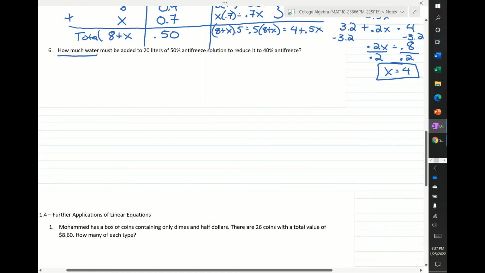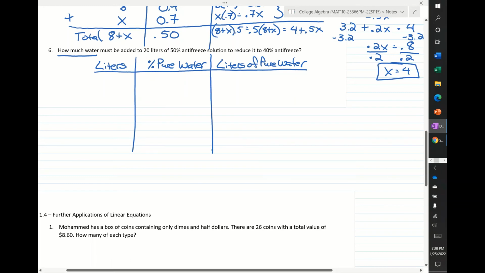So again, we'll set it up with 3 columns. We'll have liters. We'll have the percent of pure water. And then we'll have the liters of pure water. It's similar to what we did before.